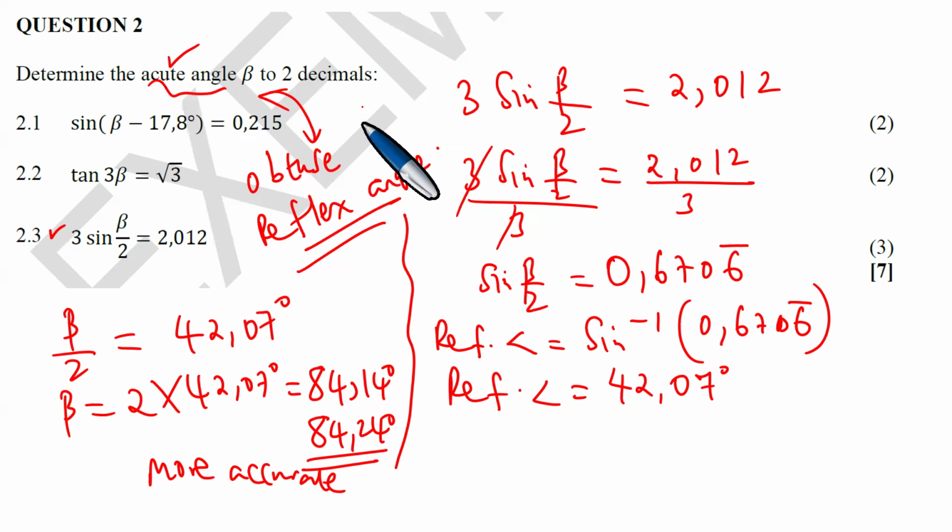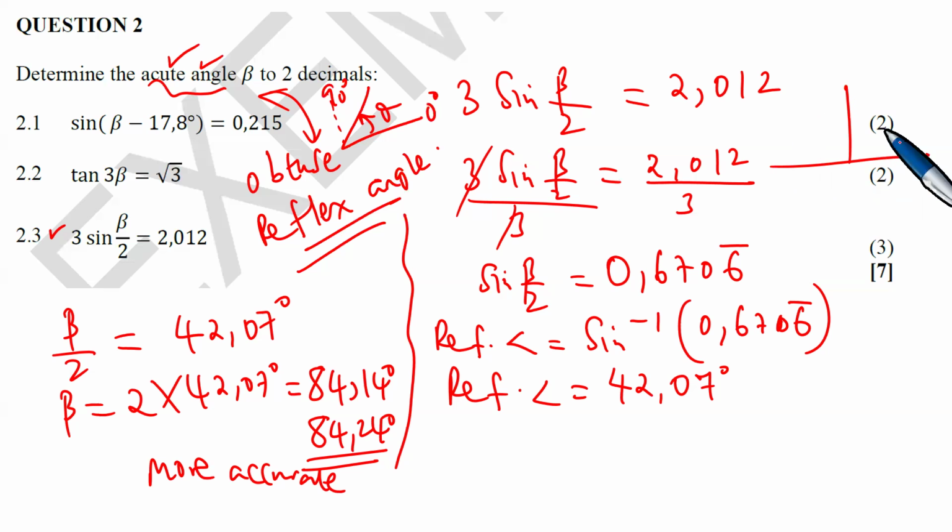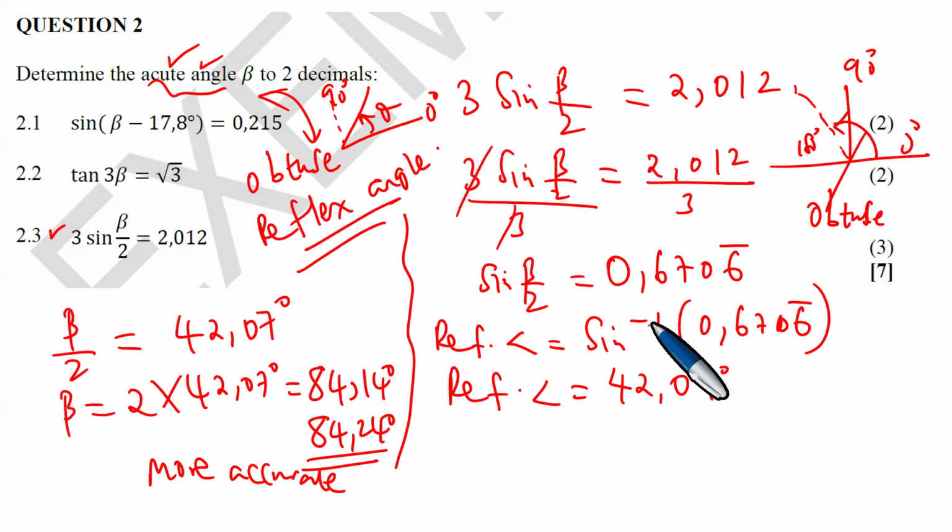Acute angles are smaller angles, between 0 and 90 degrees. So with 0 degrees, 90 degrees, 180 degrees, an angle that is more than 90 but less than 180 is called an obtuse angle.